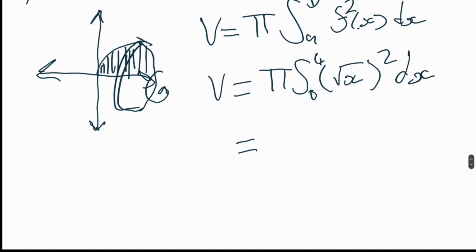Okay, now we're going to do pi times the integral from 0 to 4. And then what is root x squared? Root x squared is going to be x. Alright, so integral of x dx.